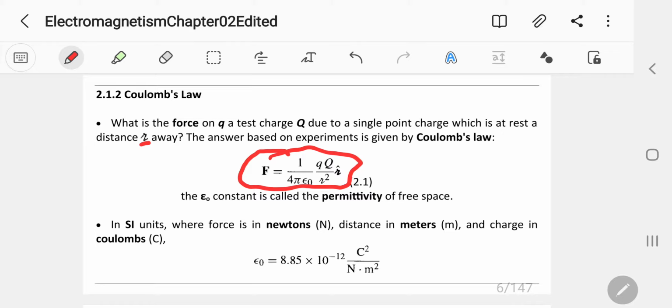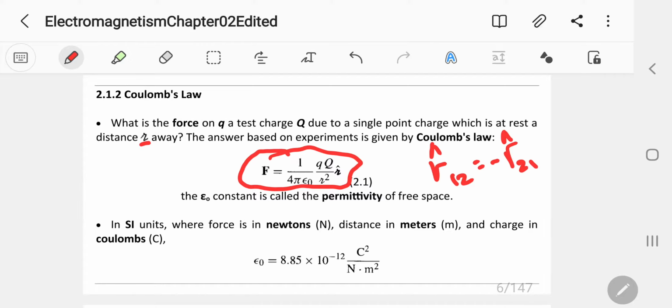If it's the force on Q1 exerted by Q2, then that would be r hat 2 1, and r hat 1 2 is just equal to negative r hat 2 1. They're just in the opposite direction.